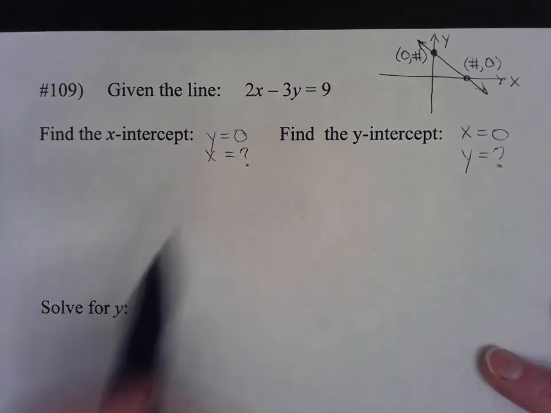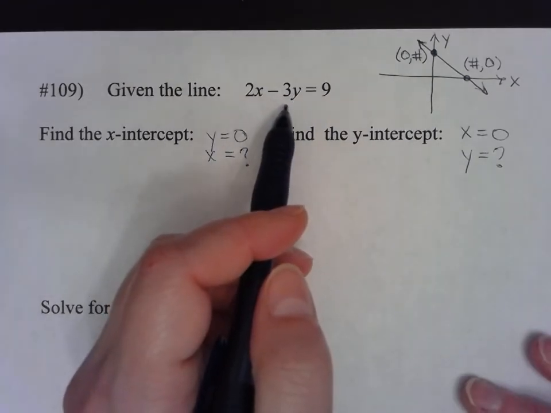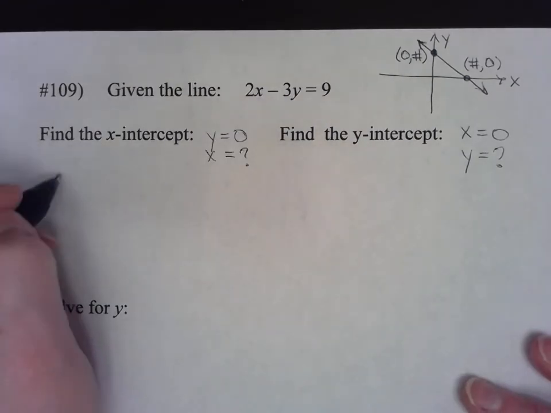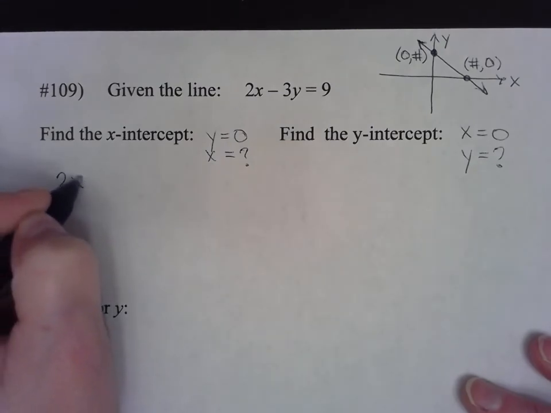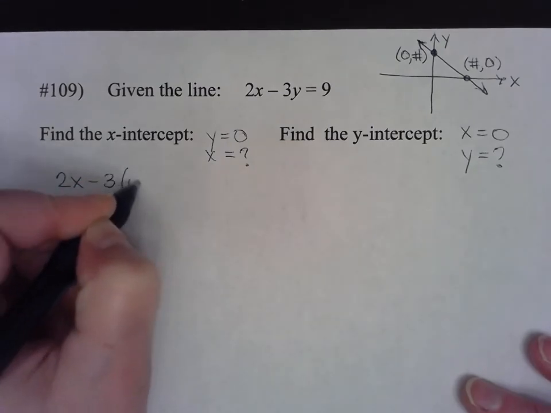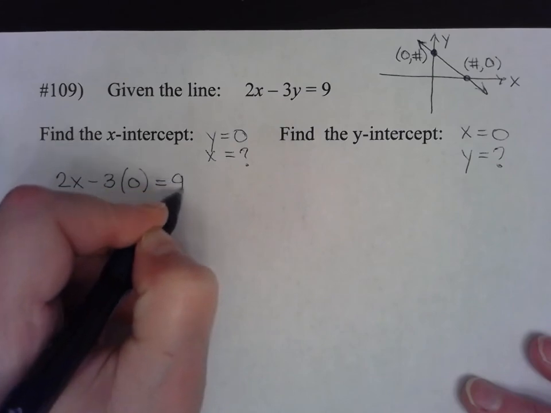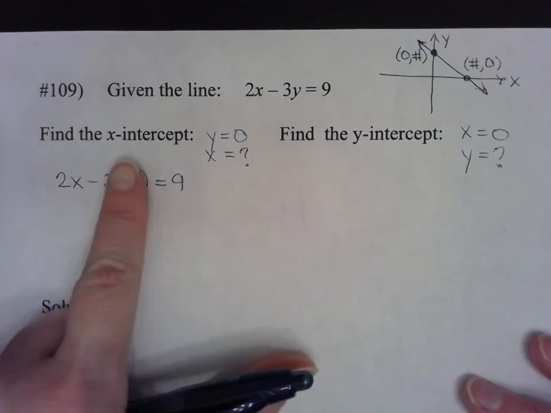Okay, so let's use that to solve for the other variable. So for the first one, we'll have 2x minus 3 times 0 equals 9. Some people like to do what's called the cover method, where because the y is 0, you could just cover up that term because it's going to multiply to be 0, right?